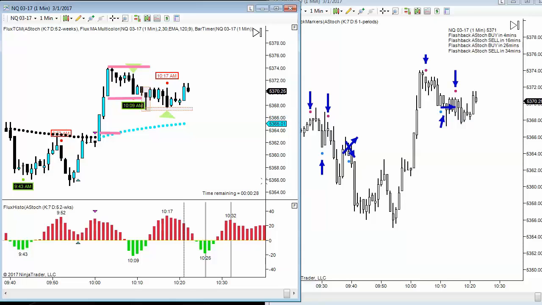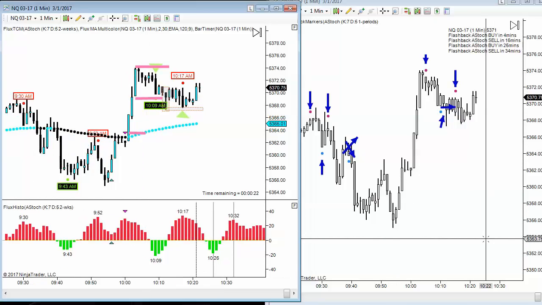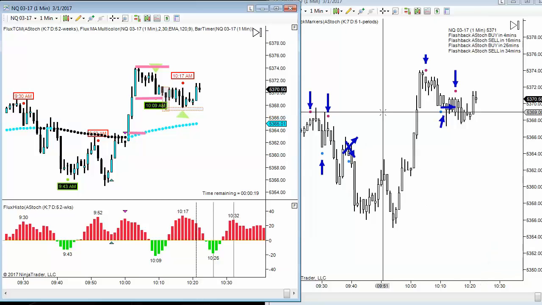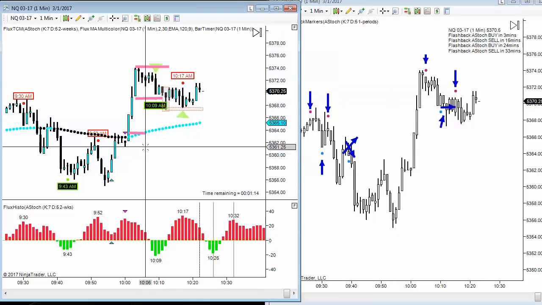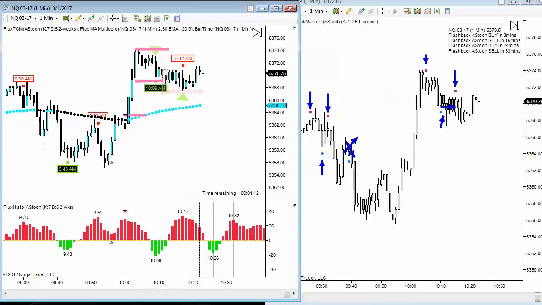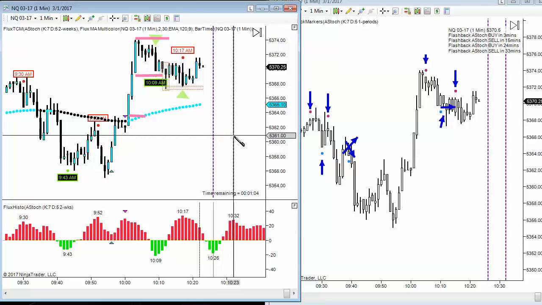Next signal coming on the NQ is at 1026 with our vertical analysis, and then we have our horizontal analysis to the right. This one is based off of the last 24 hours. This one is based off of the last 2 weeks worth of time cycles. We have the times coming up to the right here, 1026 and 1032.